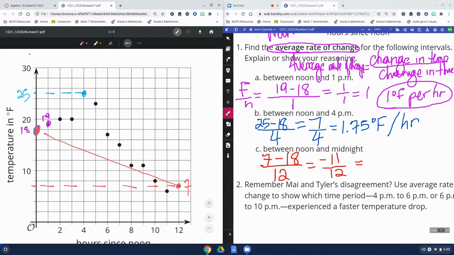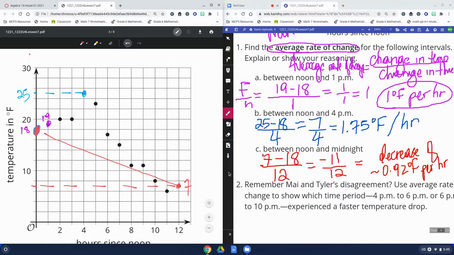So it's a decrease of 0.92 degrees Fahrenheit per hour. So that's how you find rate of change. Okay, it's like finding slope. You need to figure out the dependent variable, how much it's changed over the change in time.